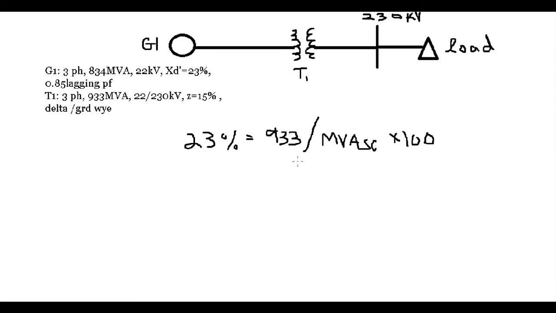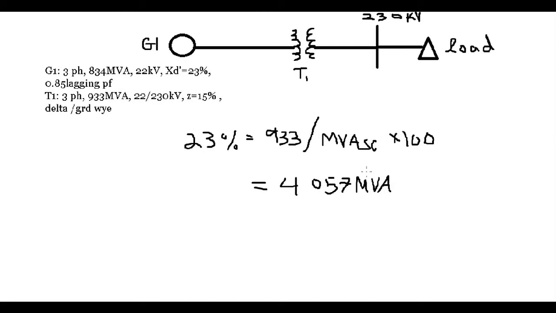Okay, solving this out, 0.23 is equal to 933 divided by MVA short circuit. MVA short circuit is then equal to 933 divided by 0.23, which will give you 4,057 MVA.